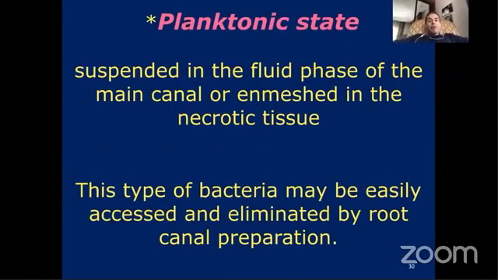This type of bacteria may be easily accessed and eliminated by root canal preparation. Those bacteria are not organized and do not stick to the walls of the canals, so they are easy to eliminate using files and proper irrigation. This is not our main concern.